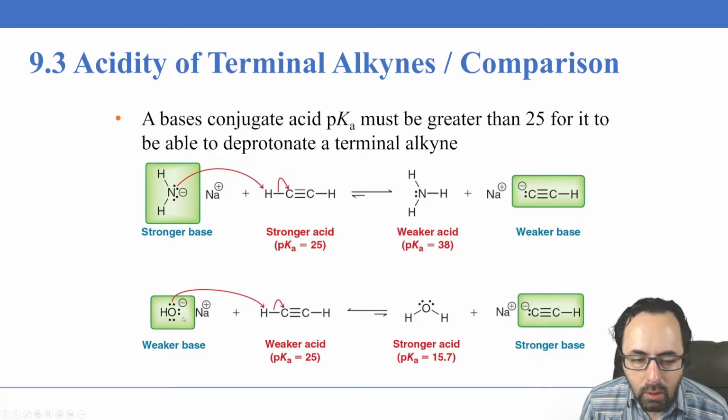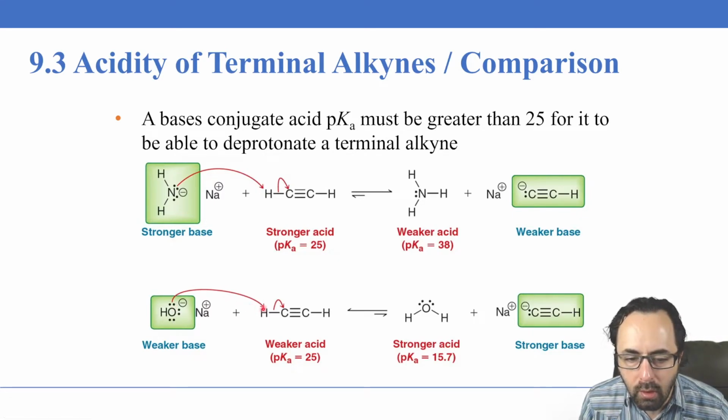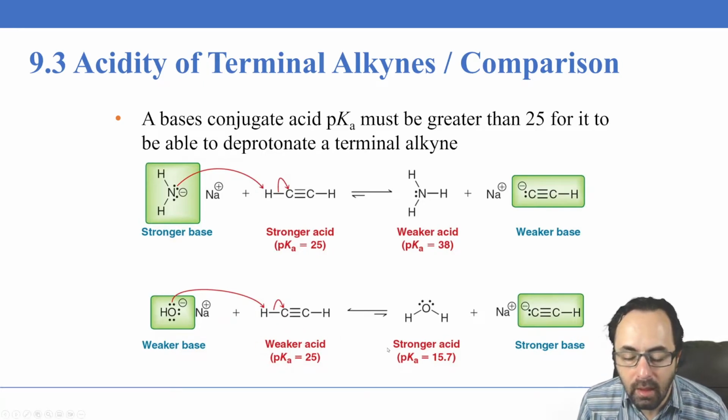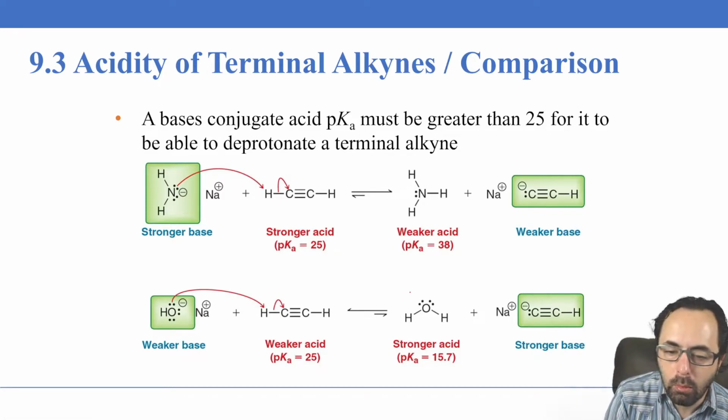If we were to try to remove this proton from the alkyne, we have a proton transfer here: these electrons go and grab this proton, make a bond with it, then these electrons are left behind, and we get this alkynide ion as the base, and the conjugate acid for the hydroxide once it grabs a proton is water. But we can see that water is a significantly stronger acid than ethyne here. And so this will favor an equilibrium that will go much more to the left.